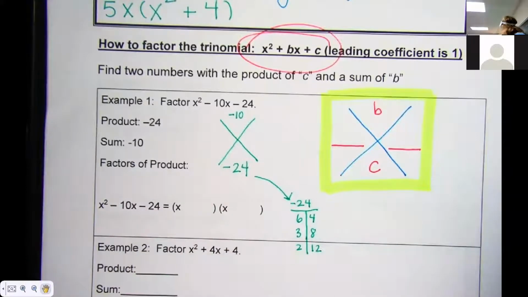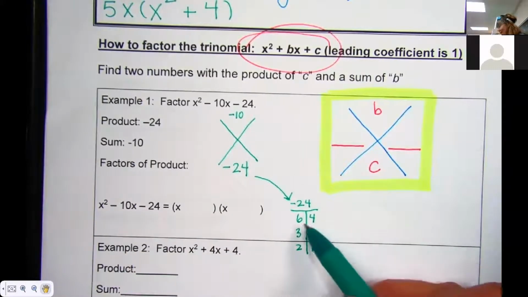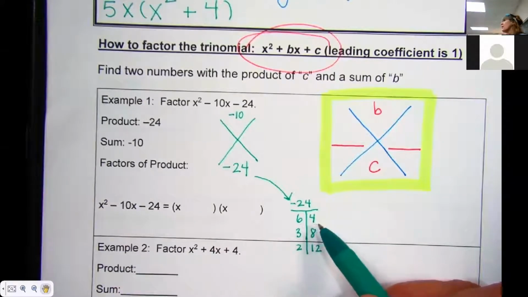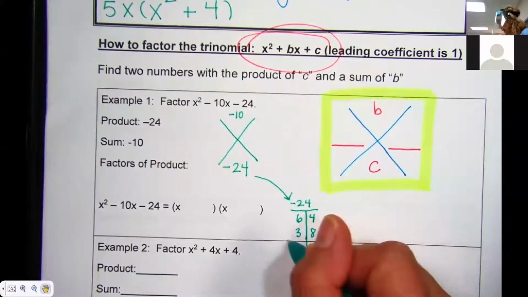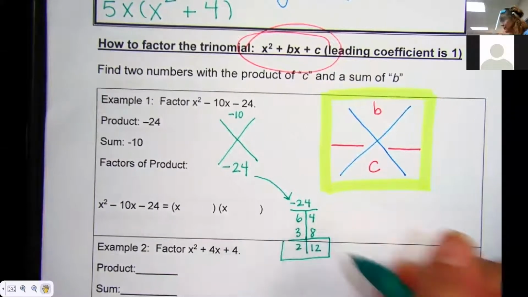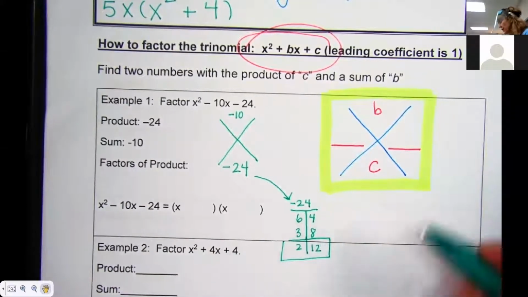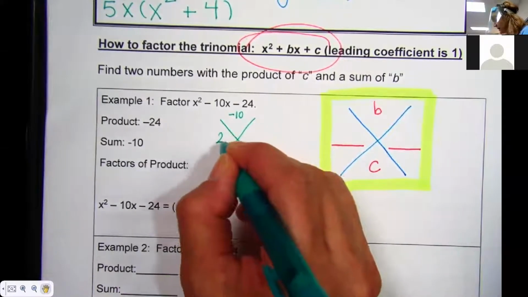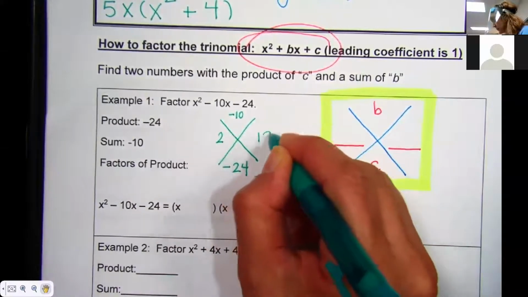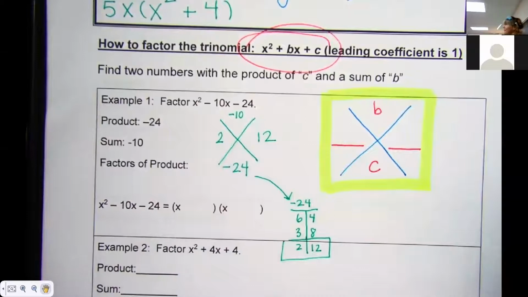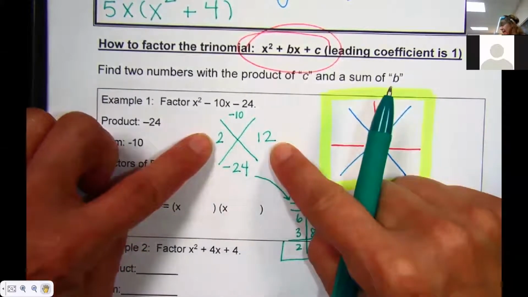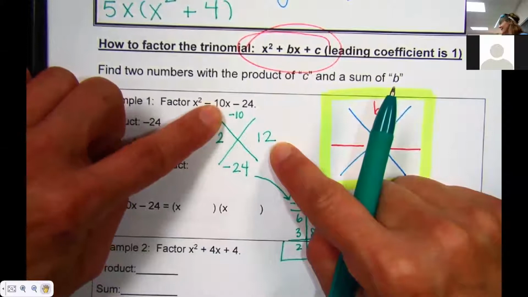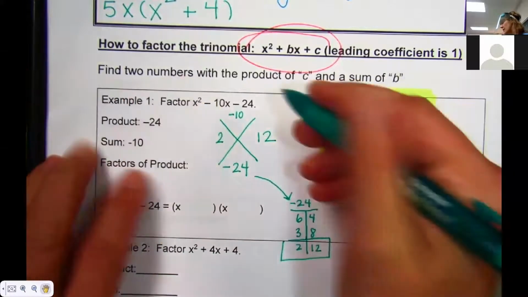What do you say? Yeah, you're right. I almost thought it was going to be 6 and 4, but remember, only one of the numbers can be negative. So we are absolutely going to use these two numbers. Those two numbers go in the sideways of my X. But remember, one of them has to be negative. Which one has to be negative to combine to make a -10? -12.